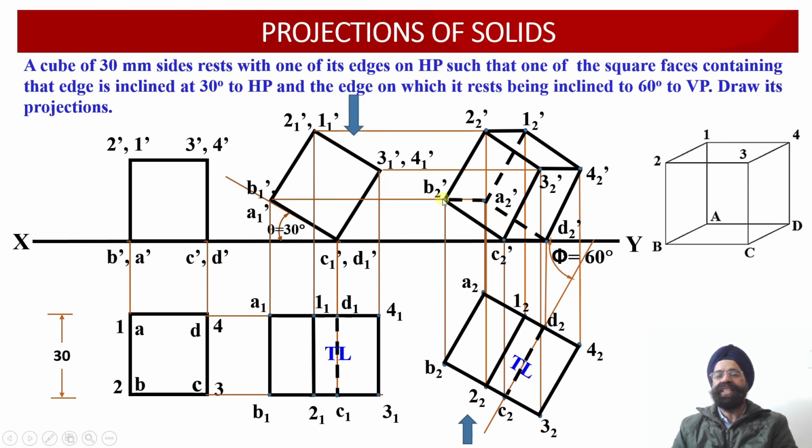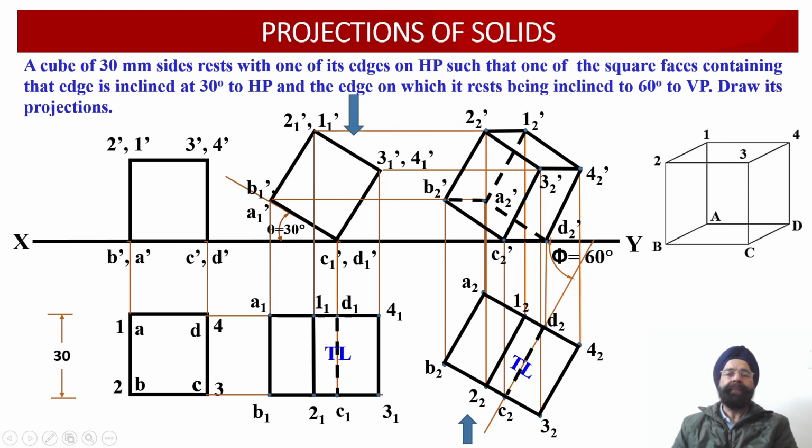So these three edges A2 dash B2 dash, A2 dash D2 dash and 1 2 dash A2 dash, all of the three edges joining with A2 dash, have been drawn using hidden line, because they are not visible to the observer from this orientation.